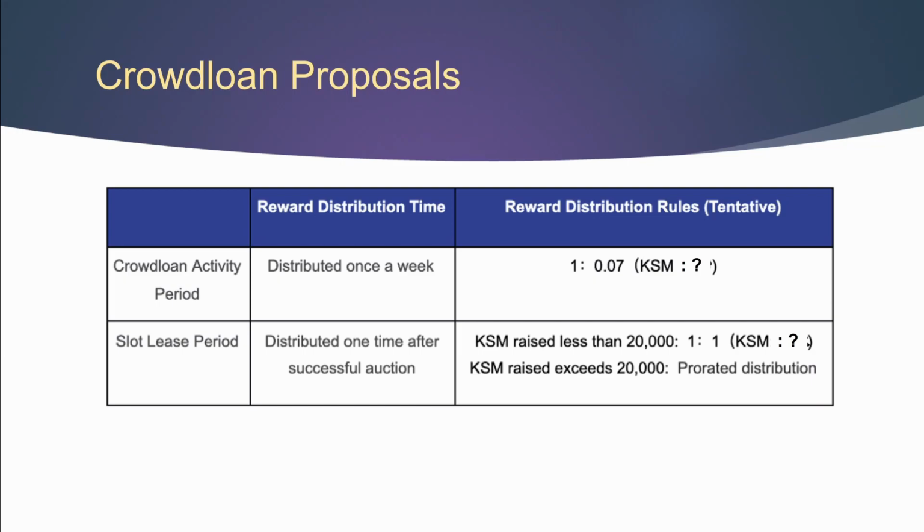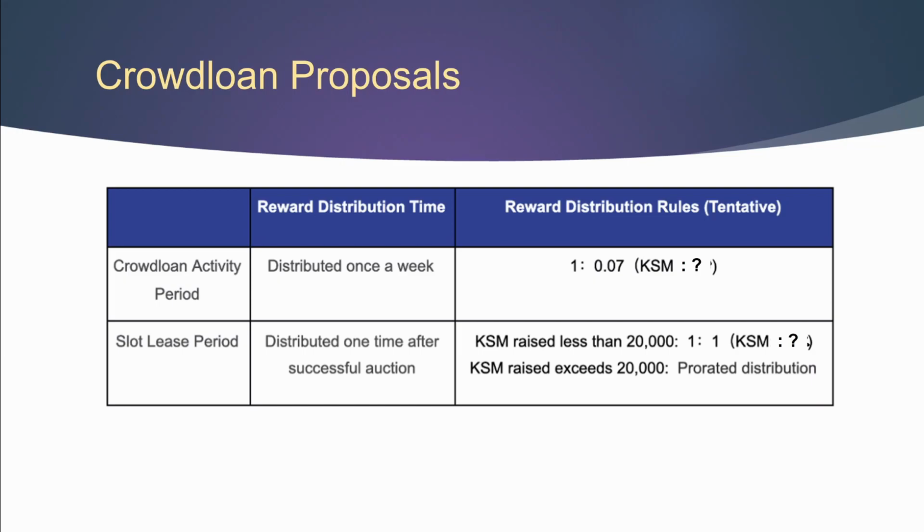in which we have a crowd loan that will, during the crowd loan activity period, that's before a win, give you 7% every week. So if you had 1 KSM, you get 0.07 of the native token.